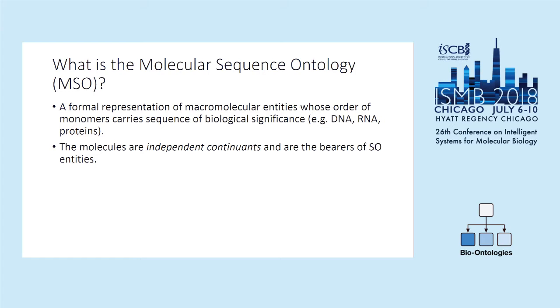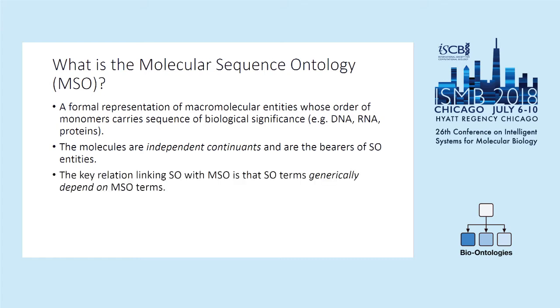Or for when a DNA molecule bears a sequence of nucleotides that forms biologically meaningful instructions to a cell that in a sense is independent from the actual DNA molecule that encodes it. So MSO entities as independent continuants are bearers of the sequence ontology entities, which are informational annotations about features of sequence.